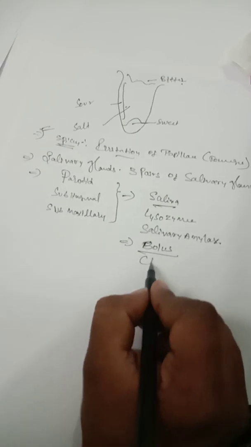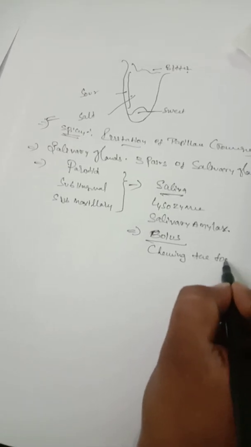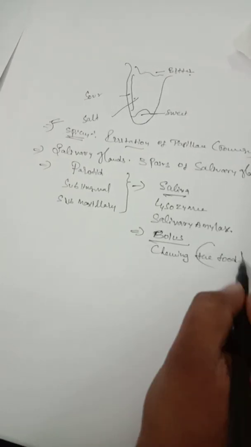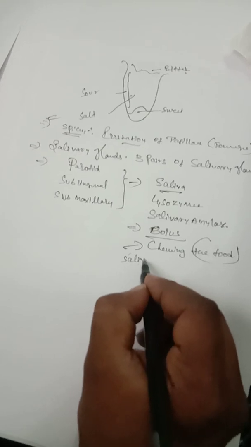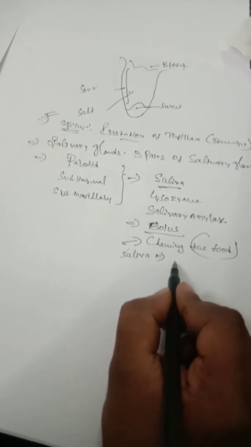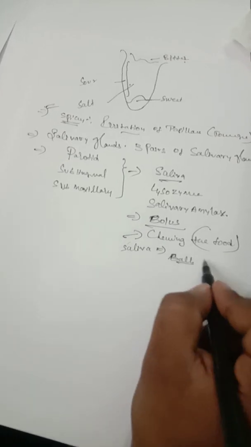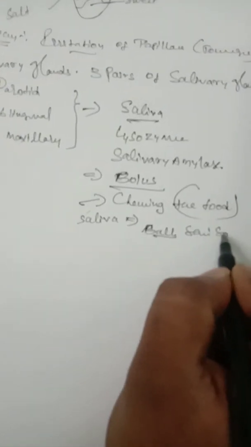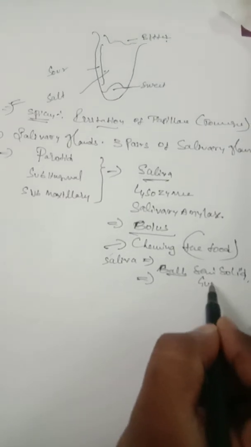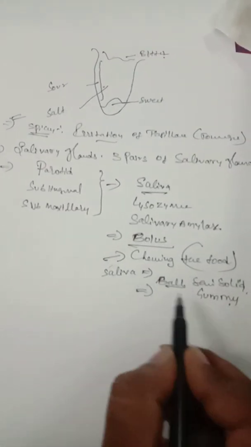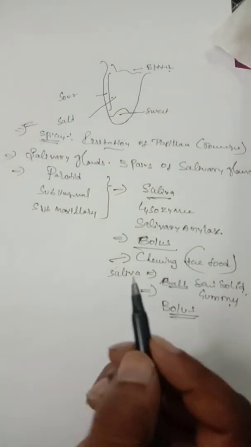Bolus means after the food is chewed by the teeth, saliva is added to the chewed food, and a ball-like, mucus, semi-solid, gummy material is formed. That structure is called the bolus.